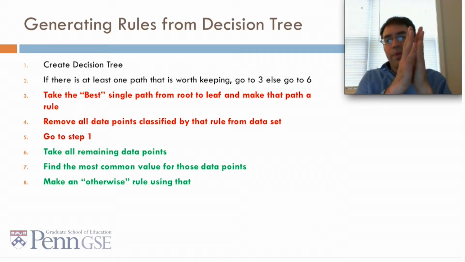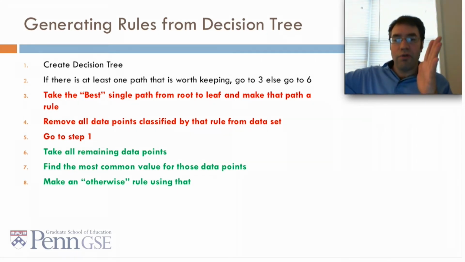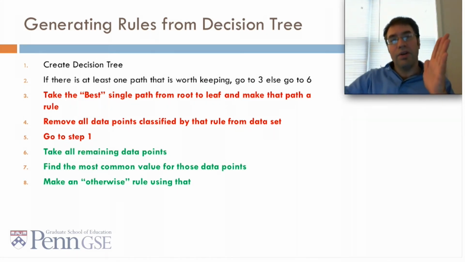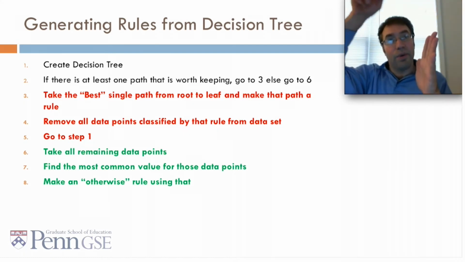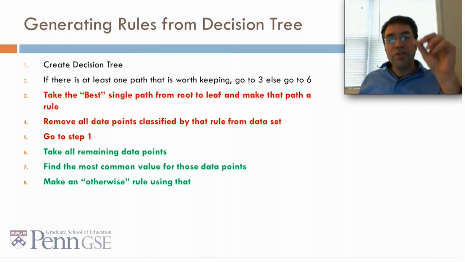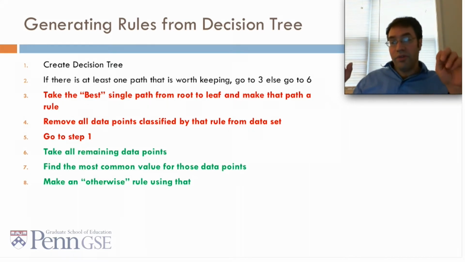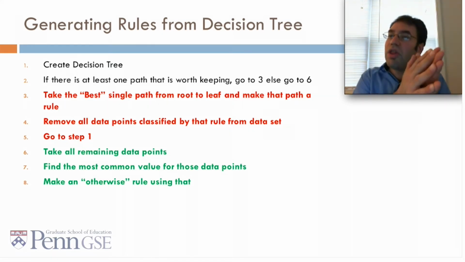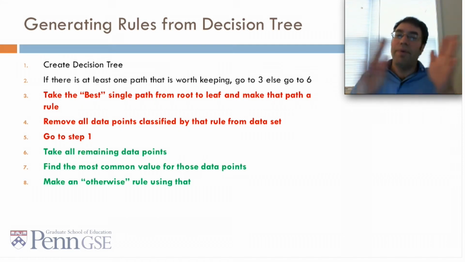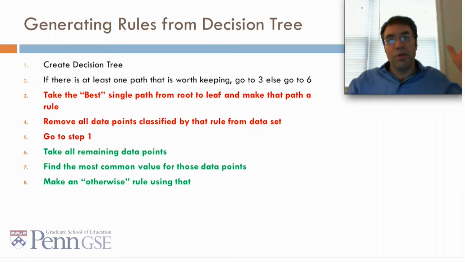Then you take all the data points classified by that rule, remove them from the data set, and go back to step 1, create a new decision tree, and classify within it. Eventually you'll get to a point where there's no path that's worth keeping in the entire tree. At that point we're at step 6, and we take all the remaining data points, find the most common value for those data points, and make an otherwise rule using that, where we just take all the data points we don't know what to do with and make our best guess just based on the base rate in the remaining data.